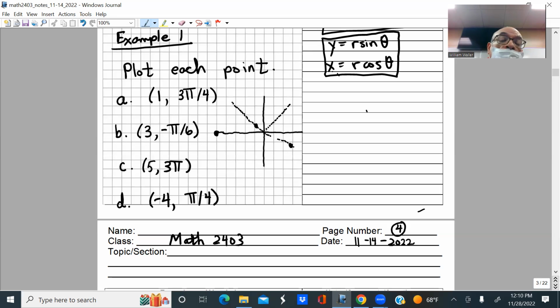But with negative 4, you're going to go backwards along this same line. So you're going to go down into the third quadrant, distance 4. Maybe right there. So minus 4 and pi over 4 will be in the third quadrant instead of in the first quadrant.